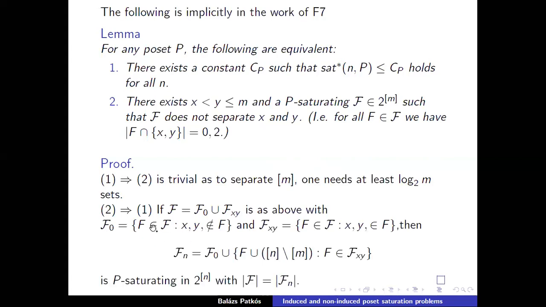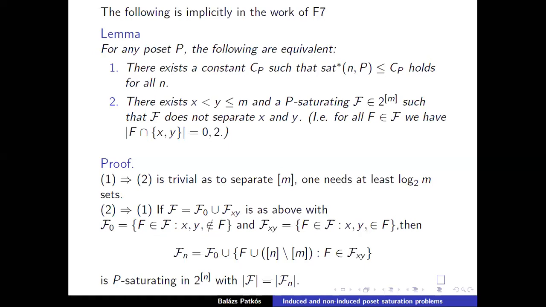I keep those sets that do not contain x and y, and to these sets I add the new elements. So if instead of a ground set of size m I now have a larger ground set of size n, then all the new elements will be added to all of these sets, and it's not hard to verify that the family I obtained in this way is p-saturating again.